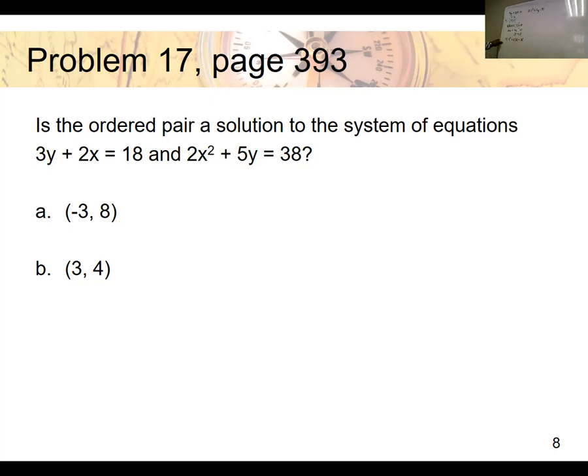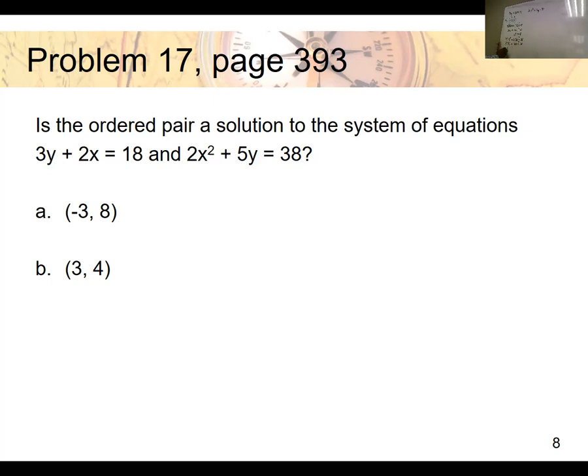And then the first thing you have to do here is square -3. Okay, so if I square the -3, that's going to be 9. So this will be 2 times 9, plus 5 times 8, that's 40. I want to know if that's equal to 38.